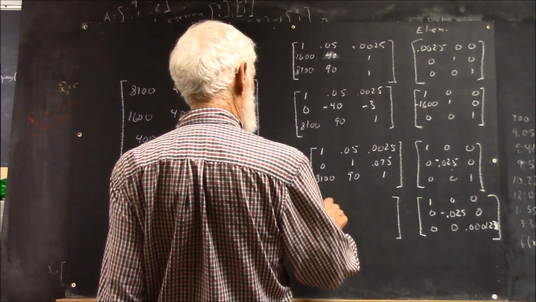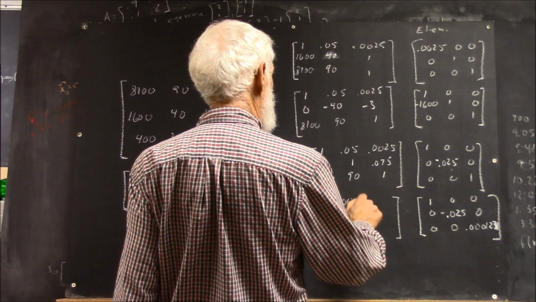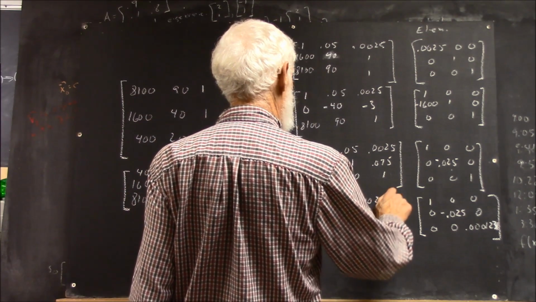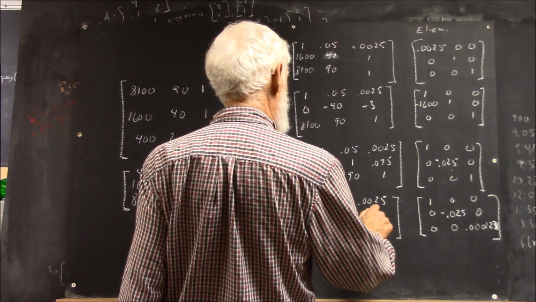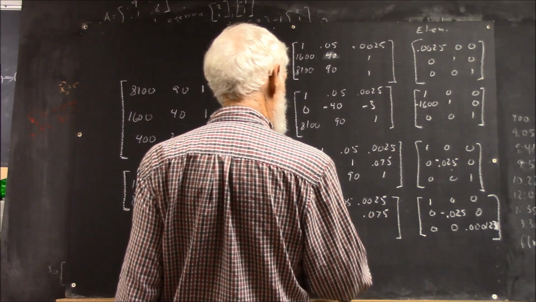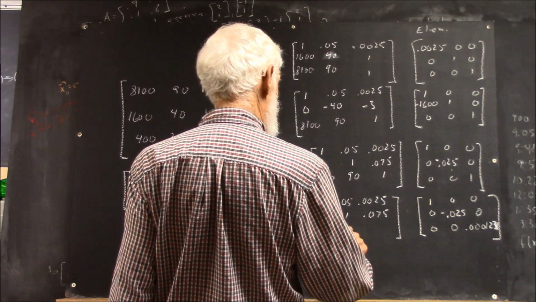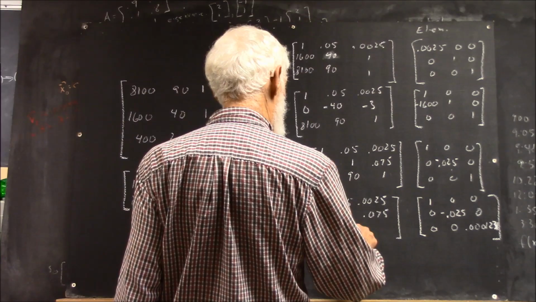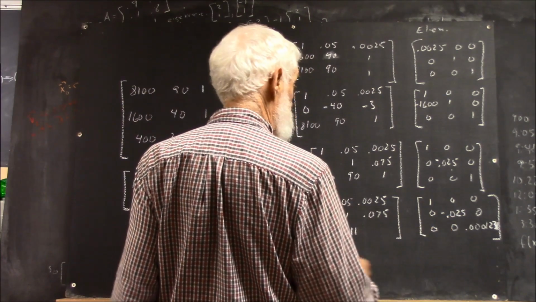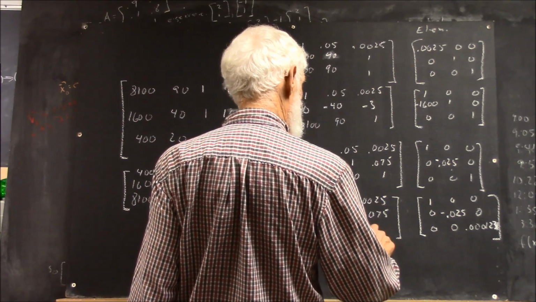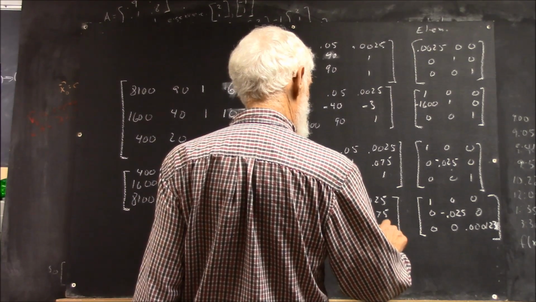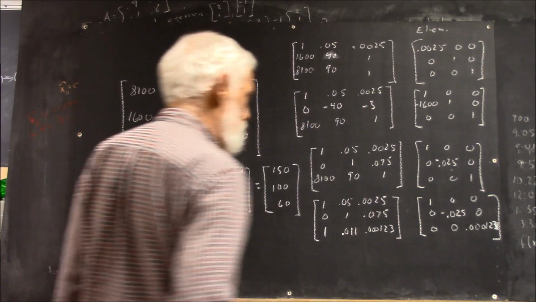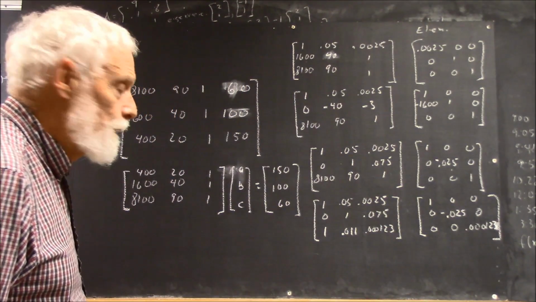And I'm going to have now 1, 0.05, 0.0025, 0, 1, 0.075. Now I've got 1, and I've got 0.011. That's actually repeating. And I've got 0.000123. Okay?